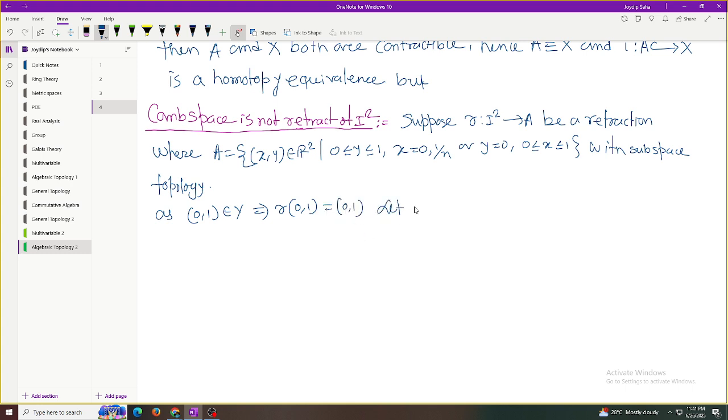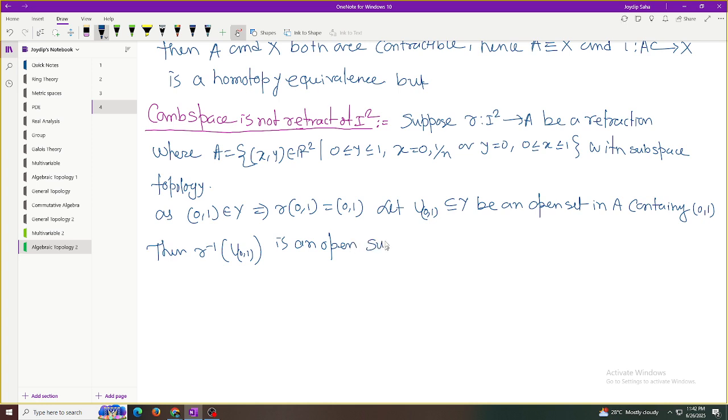Let U(0,1) be any open set containing (0,1) in A. Then R inverse of U(0,1) is an open set of I square.